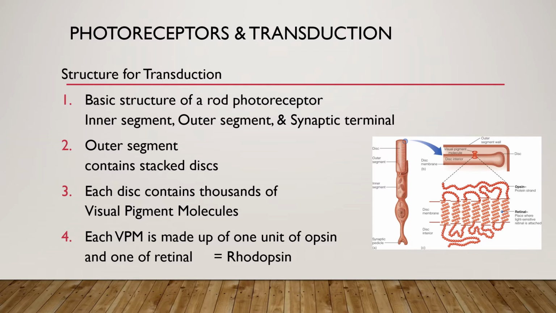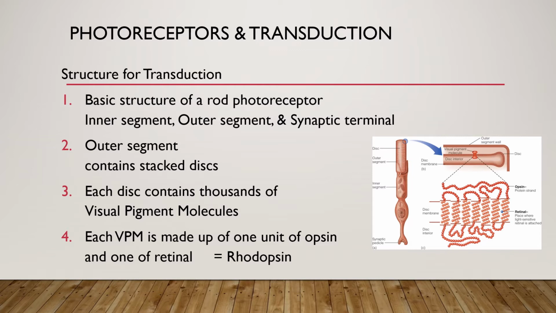It crosses that membrane, and that visual pigment molecule, if you look down at the bottom, is this long protein strand of opsin, and that opsin is going to snake across that membrane 7 times. You can kind of count that there. And then the opsin is connected to 1 molecule of retinol.